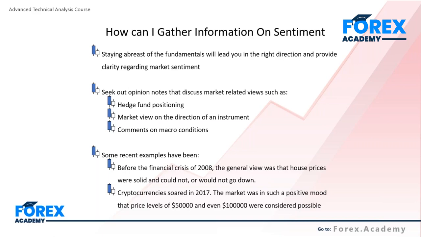If we just look at more recently, 2017 will certainly be remembered, at least for now, as a spectacular year for anybody who had been fortunate enough to be involved in cryptocurrencies. These markets soared over the course of 2017, and towards the end of 2017, early 2018, when we were looking at Bitcoin, for example, prices of 50,000, even 100,000 had been mentioned as considered possible.